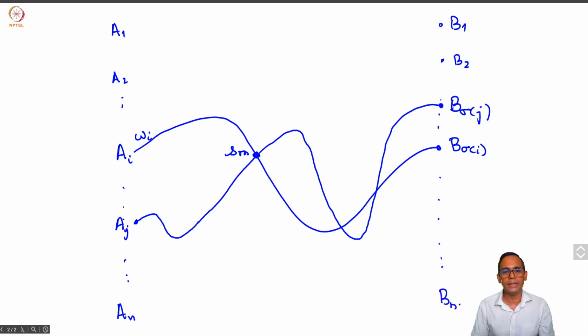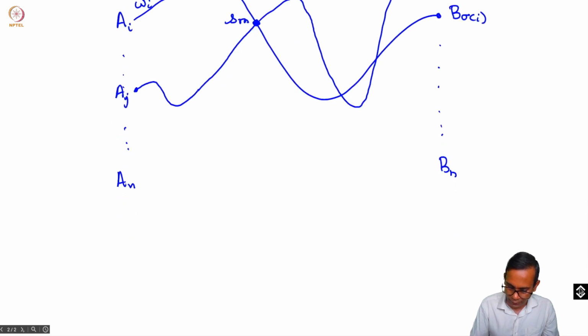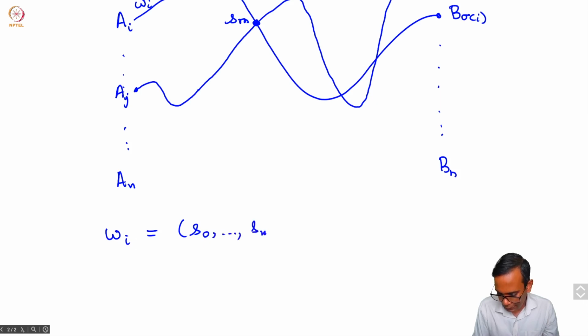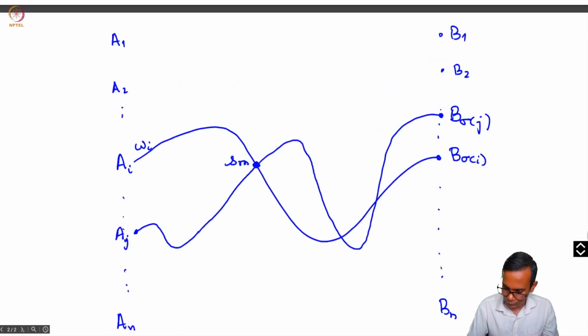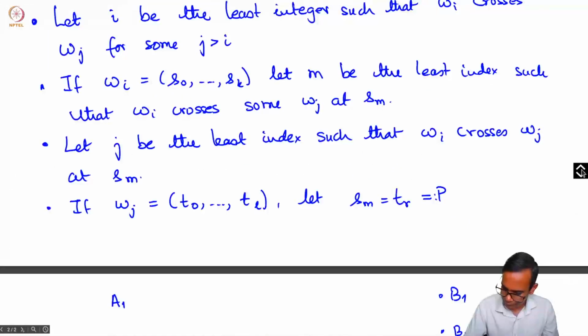Now what you do is you construct new paths omega prime I and omega prime j as follows. So remember we have omega I equals S0 up to Sm, Sm plus 1 up to Sk.